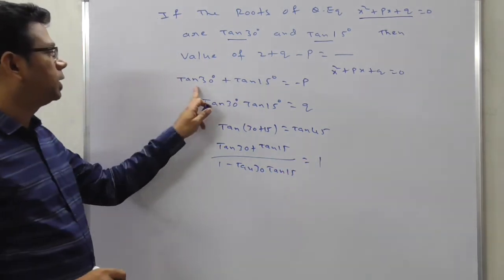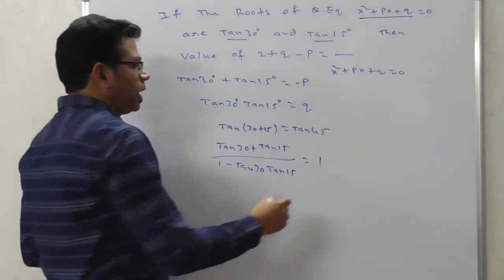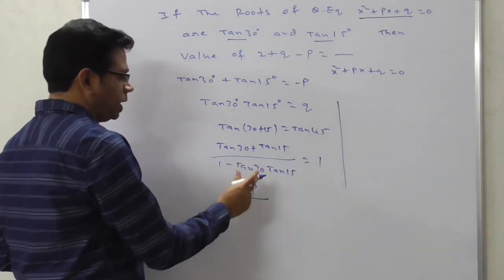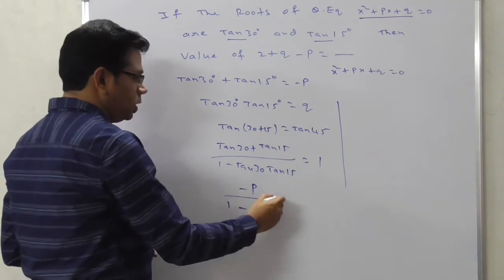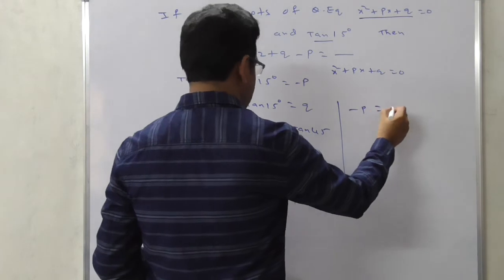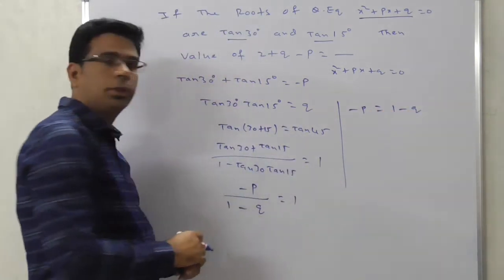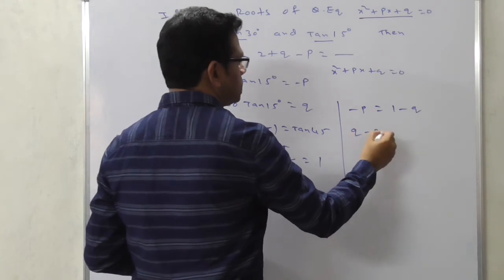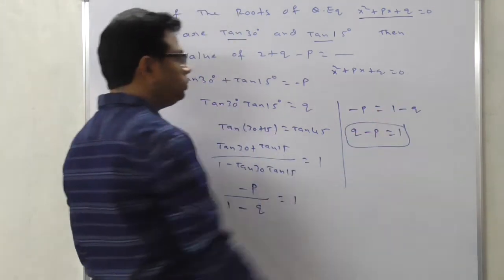So we already have tan 30 plus tan 15 as minus p, the sum of the roots, minus p by 1 minus the product of the roots, q, is equal to 1. Now cross multiply: minus p is equal to 1 minus q. Clear? Now write q on this side: q minus p is equal to 1.